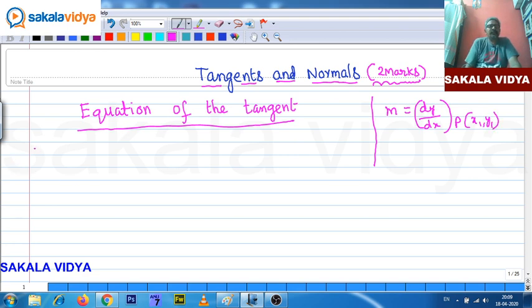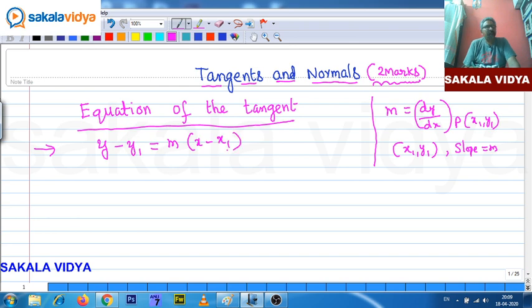In straight lines we have studied that the equation of the line passing through x1, y1 and having slope m is given by y minus y1 is equal to m into x minus x1. This is called the point slope form, and this is the equation of the tangent. The equation of the tangent to the curve y is equal to f of x at x1, y1 we can find like this.